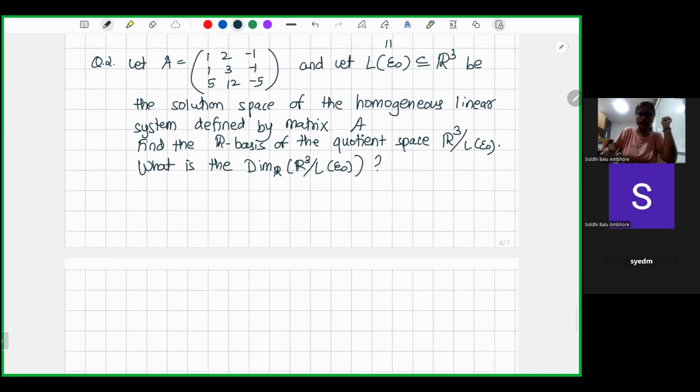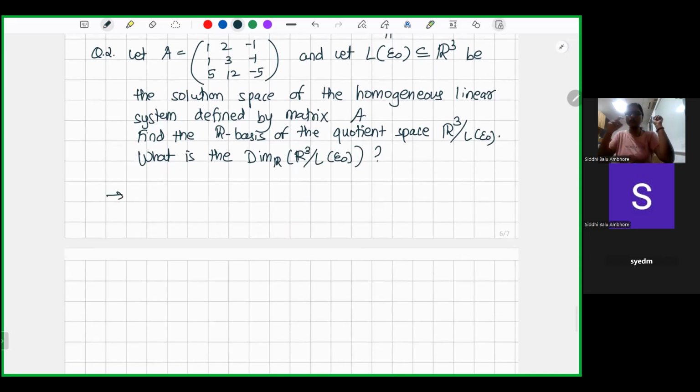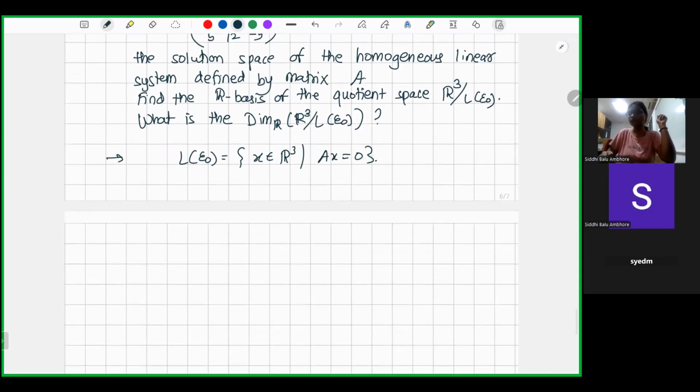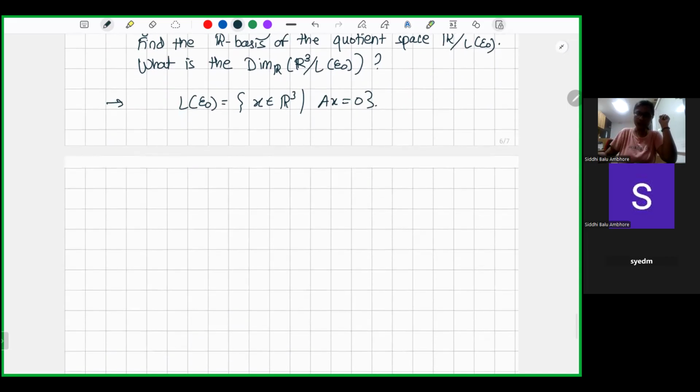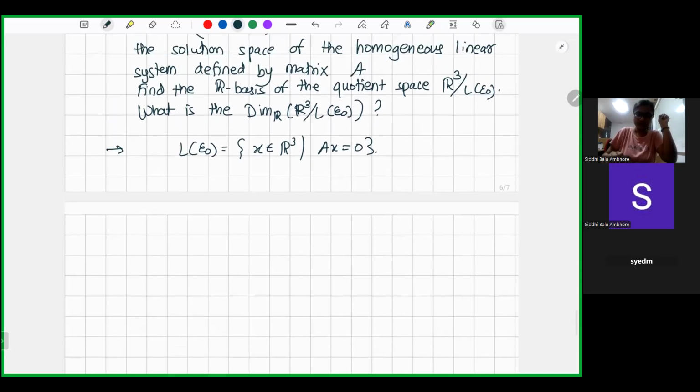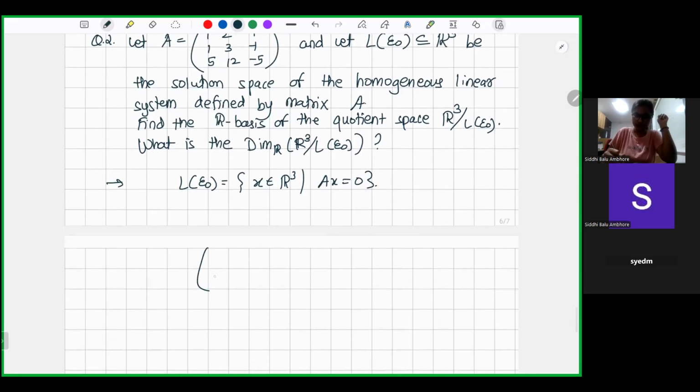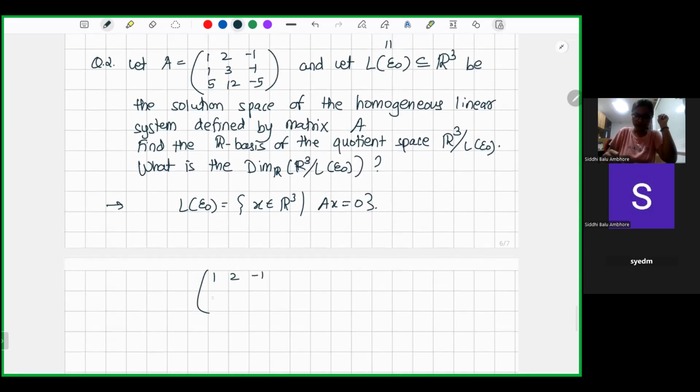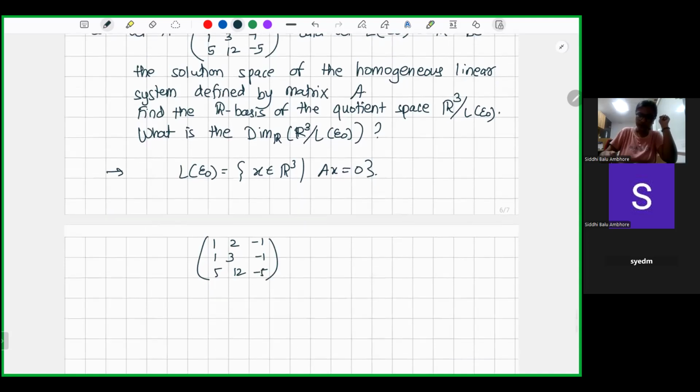These are the questions which we have to answer. Since this is a question about L epsilon naught, we have to find all those x in R3 such that AX is 0. So how to find that? We have various methods. So we can do this. This is 1, 2, minus 1, 1, 3, minus 1, 5, 12, minus 5.